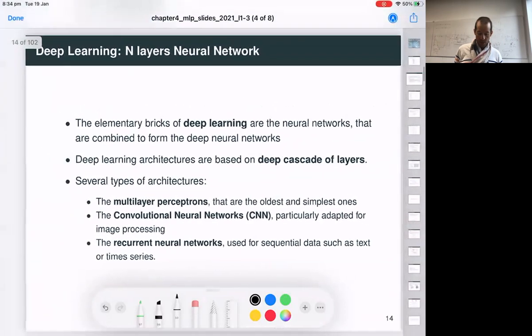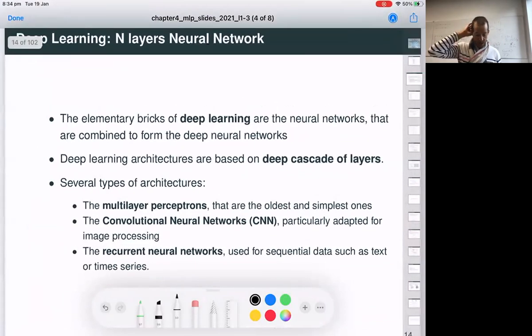So now we go to the point of today: deep learning with N-layer neural networks. So not just one hidden layer, but many hidden layers. How it works is quite simple. You just add some bricks of neural network, a cascade of layers.